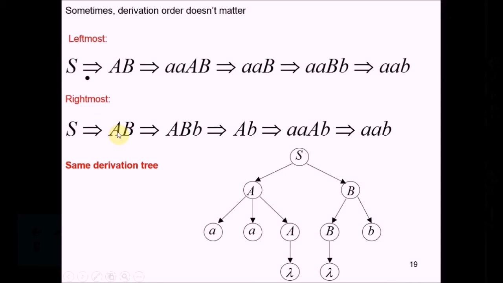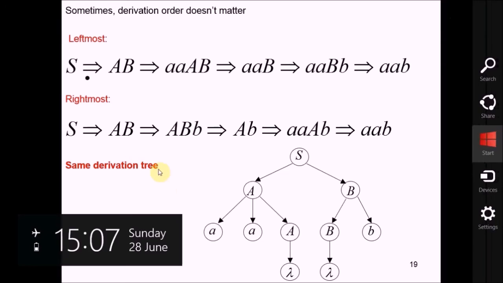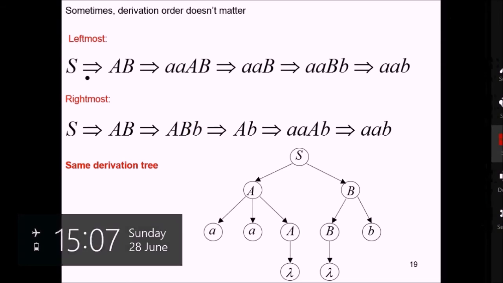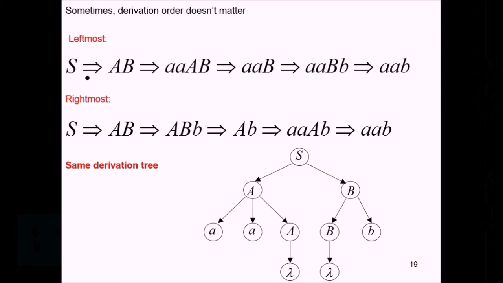Now we use rightmost substitution, in which we substitute the value of the rightmost non-terminal symbol first, as in we substitute the value of B first, then we substitute the value of A, and we get the same expression.